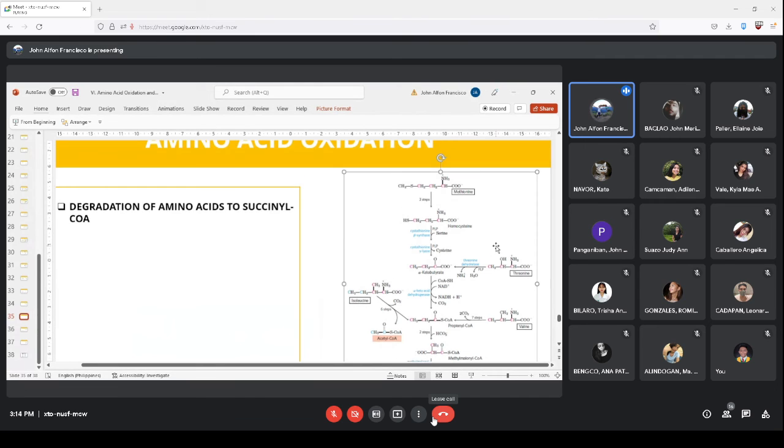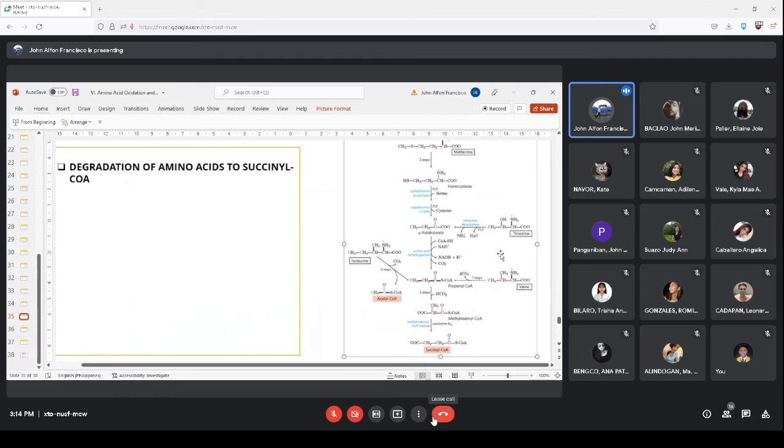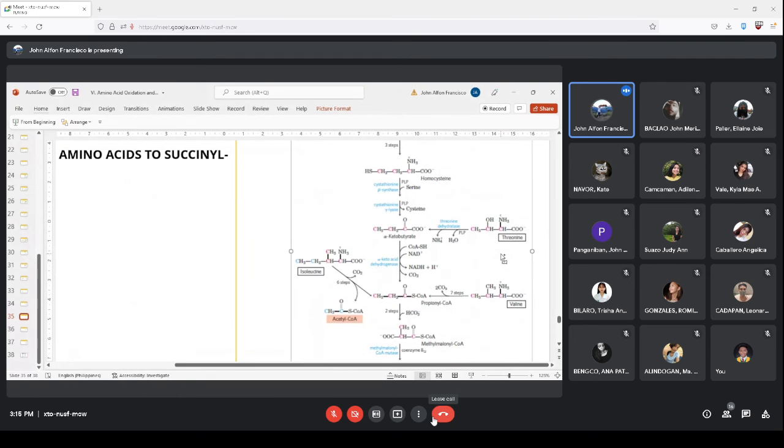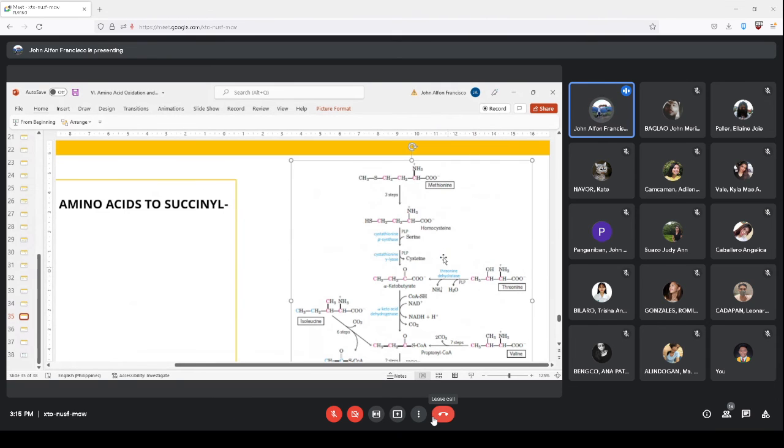Another is the formation of succinyl-CoA, which is involved in glycolysis. Methionine, threonine, isoleucine, and valine are the four amino acids involved in the formation of succinyl-CoA. Okay? So, what happens here? Methionine is converted to homocysteine. What happens there is you just remove the methyl group here.